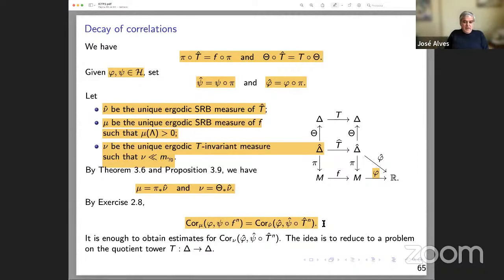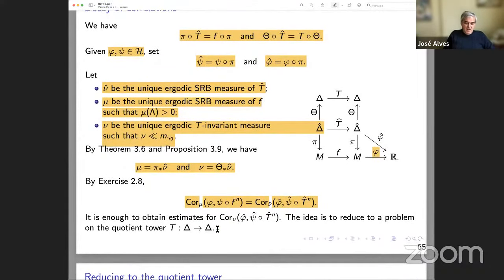Whenever we have a semi-conjugacy such that the measures are projected, so the projection of this measure hat is the other one, then the correlation term is exactly the same. See that phi hat and psi hat are precisely the composition with the semi-conjugacy. So this is exactly the exercise.